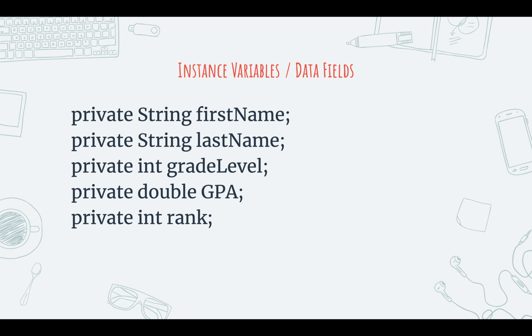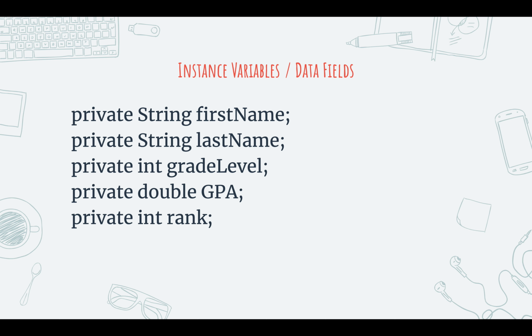So if you look here, we have a string, first name, last name, grade level, GPA, rank, stuff like that describing most likely a student object, and we declare that usually with a private data field, with the private keyword, because we don't want people accessing it through that name. We want to keep that private and then maybe access it through a method later on or an operation that we create.